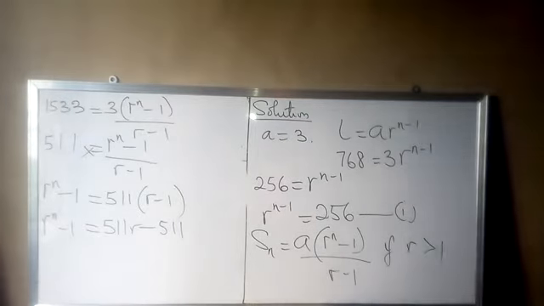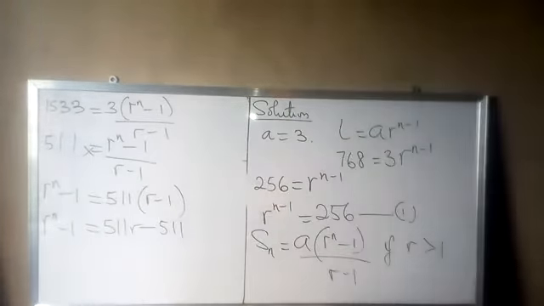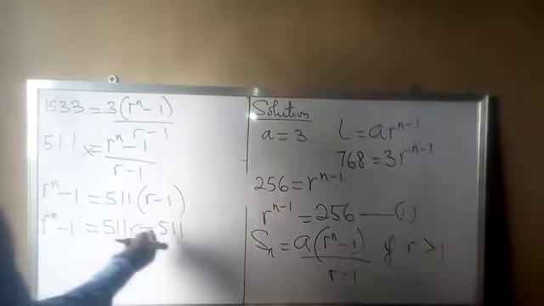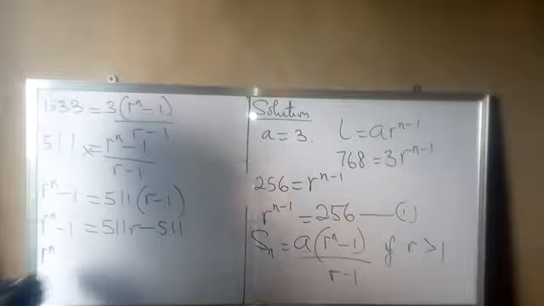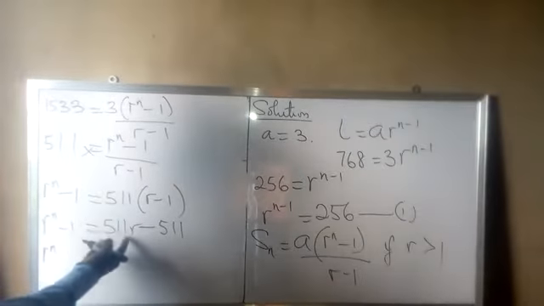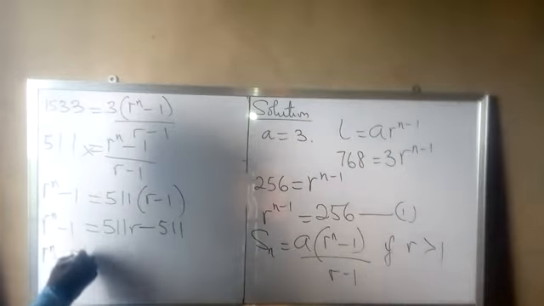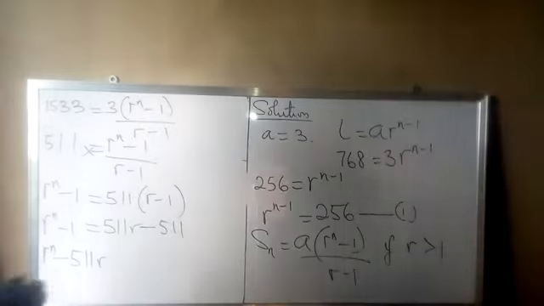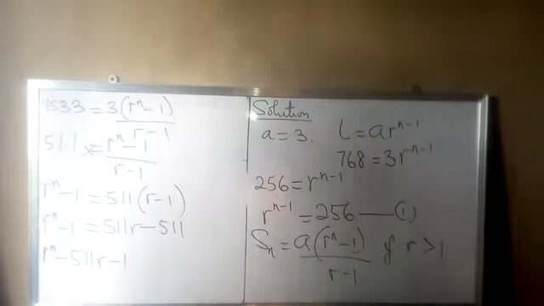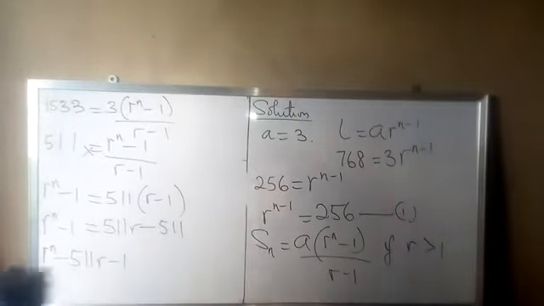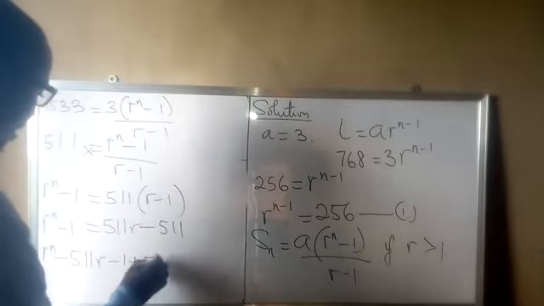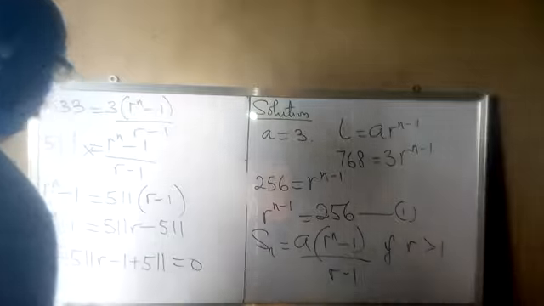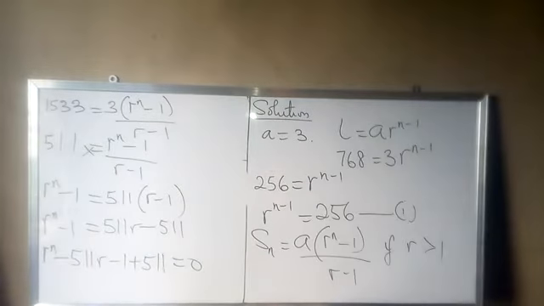So invariably, this can also give us an equation. Let's bring 511r here. So r raised to power n, by the time 511r comes here, becomes minus 511r, then minus 1. I hope we are following. Then when this one comes here, we get plus 511 equals 0.